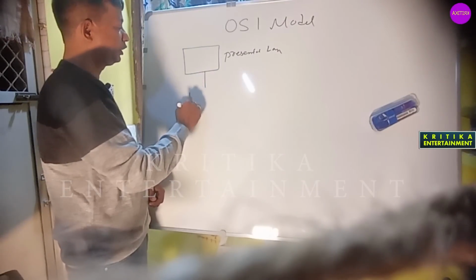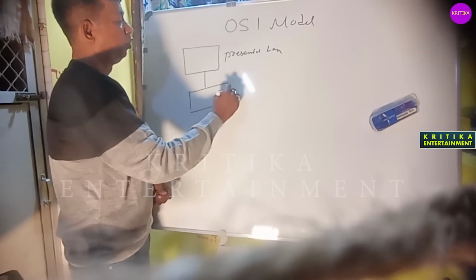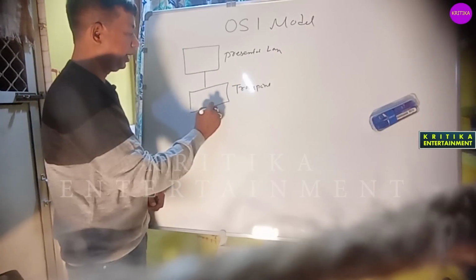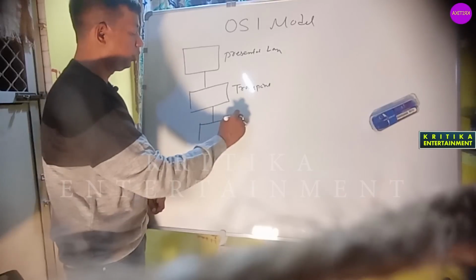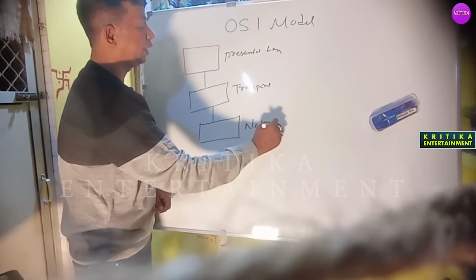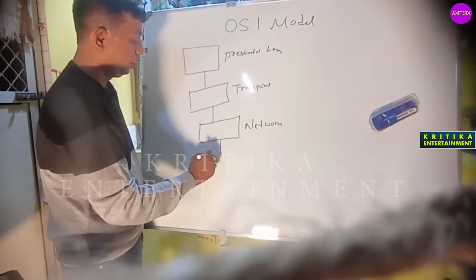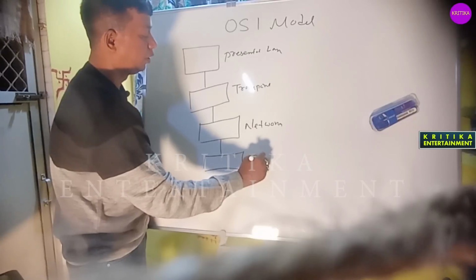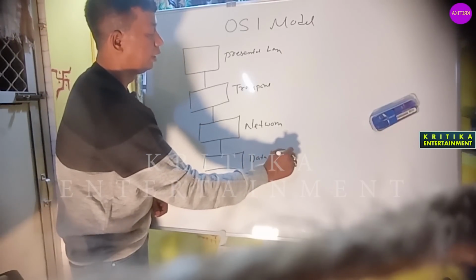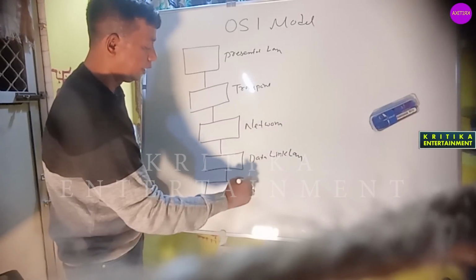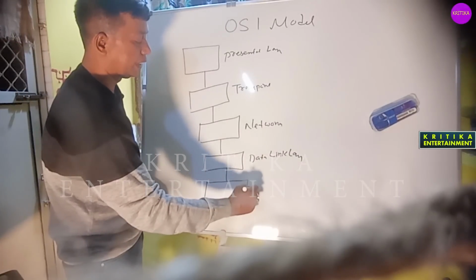Then this is called your transport layer, then this is called your network layer, and this is called your data link layer, and this is called your physical layer.